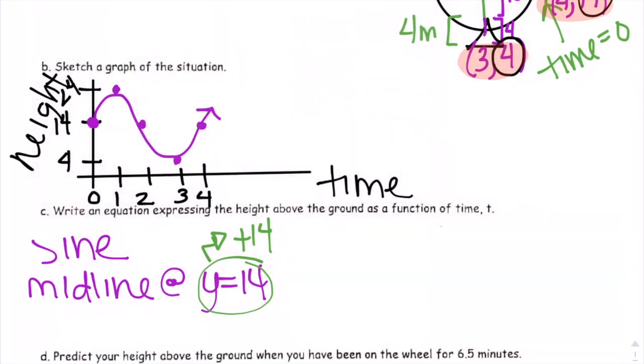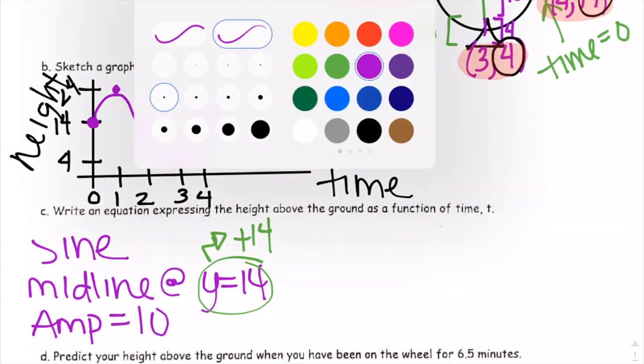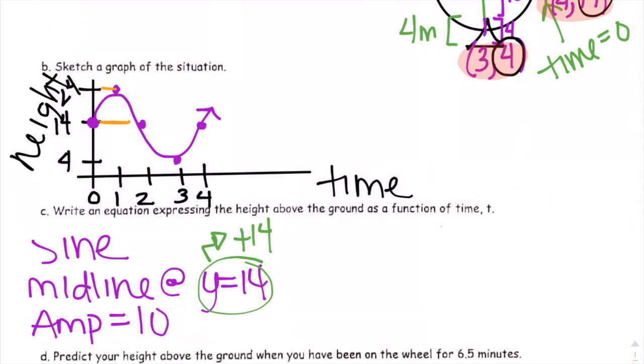And we know that our amplitude is going to be 10 because the distance from that midline to the maximum right there is 10. And then we need to find our b value. Well, it takes us one full rotation here, so that takes us 4 minutes. So to find that b value, we need to do 2 pi divided by our period, and so that gives us pi over 2, and now we write our function.